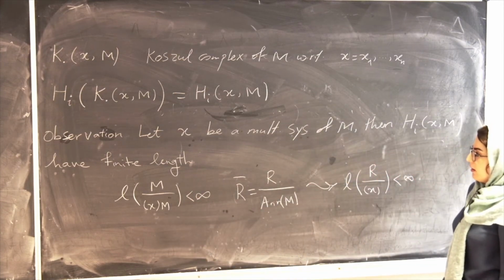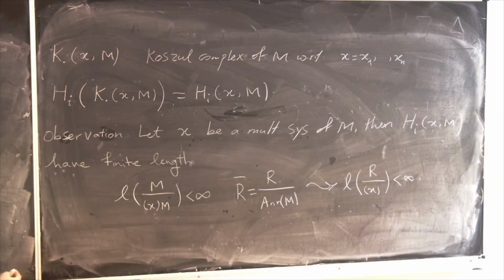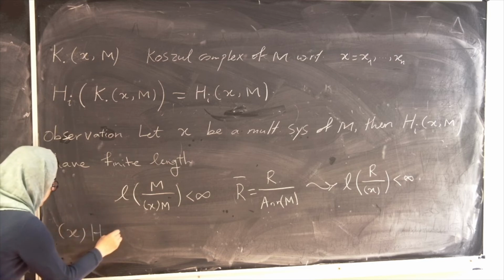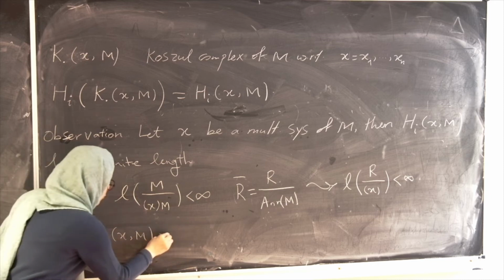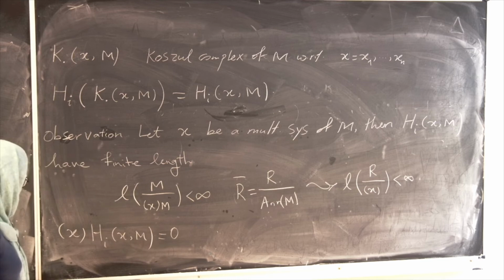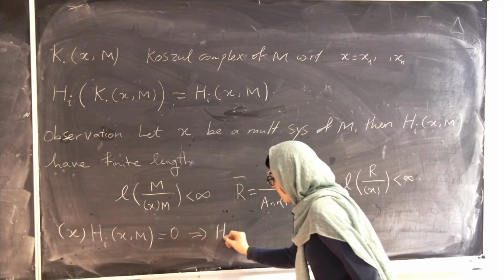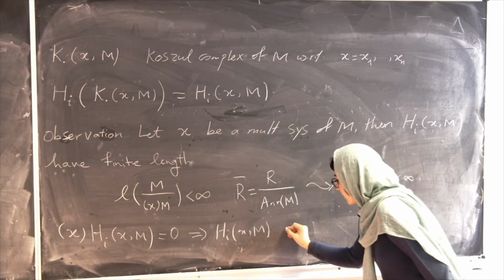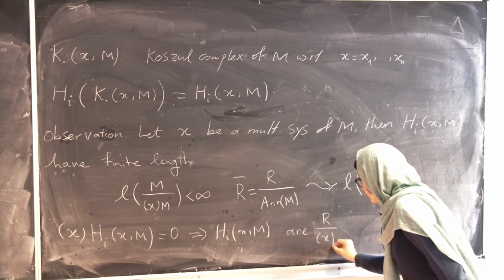Another fact that I use about the Koszul homology is that we know that the ideal generated by this sequence annihilates the Koszul homologies. So what does this mean? I can consider these homologies as R mod (x) modules.